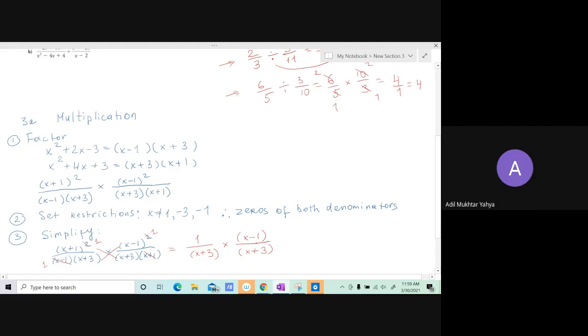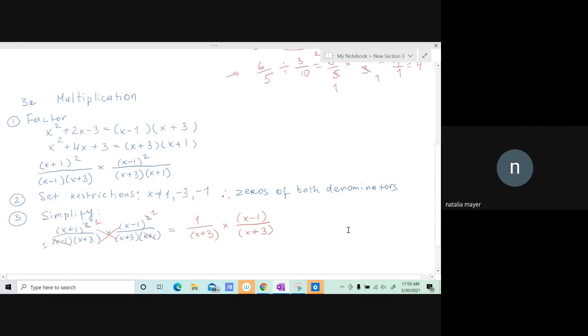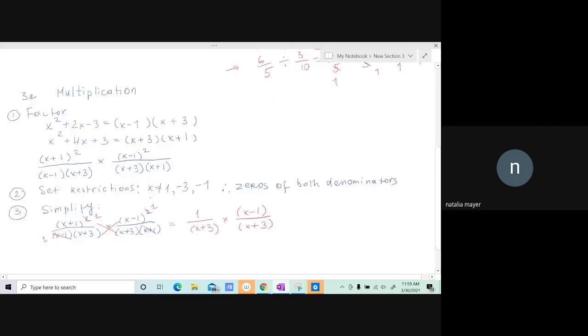Miss, I don't understand why the 1 is over the x plus 3. Was it 1? Was it not? Guys, one by one. The first person who said, who doesn't understand why? I made a mistake. It's x plus 1. Of course, because here we cancelled only one of them, right? There are 2 of them multiplied, so we cancelled 1. Okay.